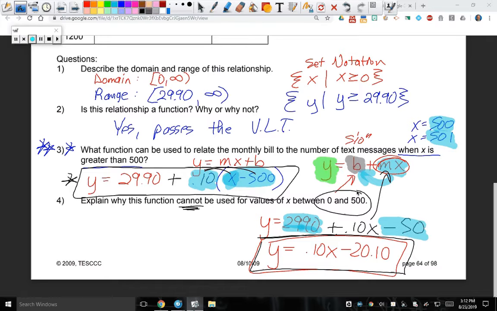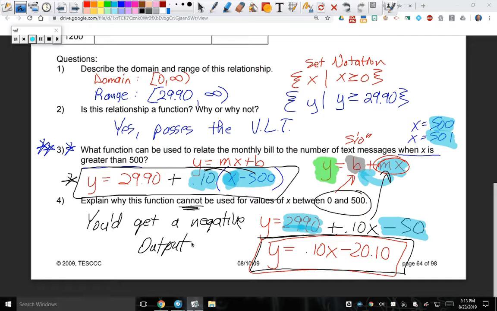Okay, I heard it. Because if I put something between 0 and 500, you're going to get a negative answer. That doesn't make sense. Like, the phone company is not going to owe you money right off the bat. Okay? Please understand the way this is worded and what you're looking for. So you'd get a negative output, which is wrong. Okay?